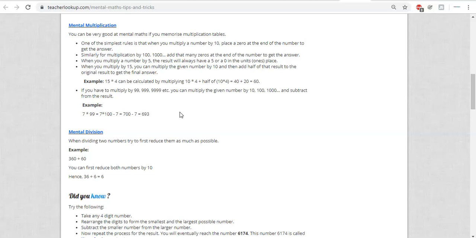So one of the simplest rules is, when you multiply a number by 10, place a 0 at the end of the number to get the answer. Similarly, for multiplication by 100, 1,000 and so on, add as many zeros at the end of the number to get the answer.